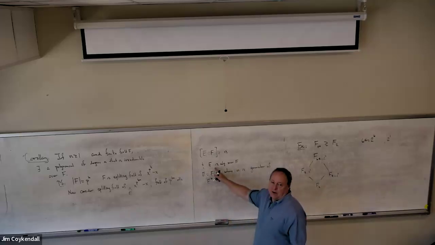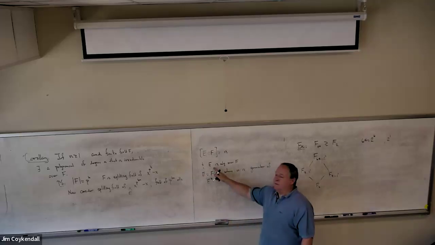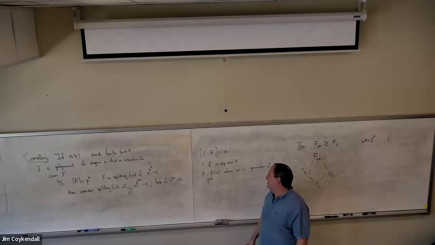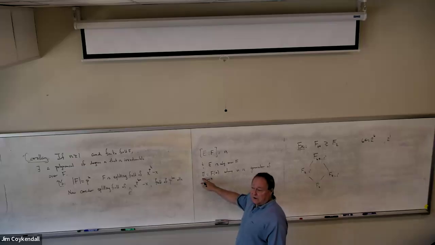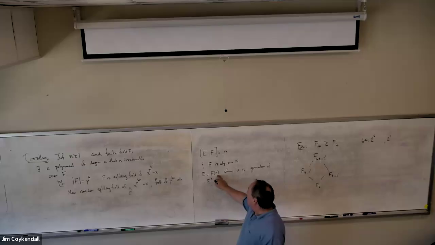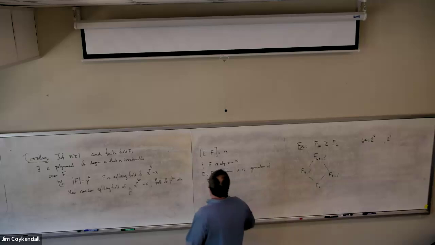Because this field right here is a finite field, so its multiplicative group is cyclic. It's generated by a single element. We pointed out earlier that any finite field is a simple extension, and in this case, it's a simple extension of Z_p, and so it's a simple extension of this.